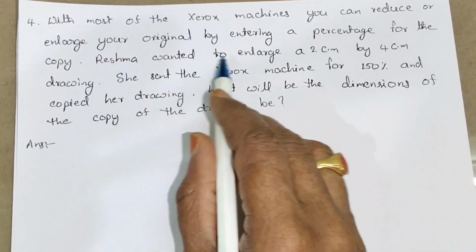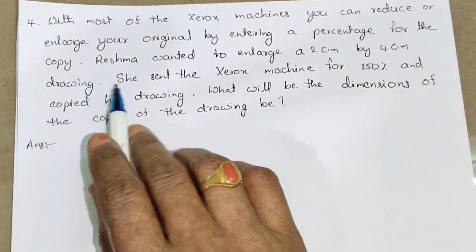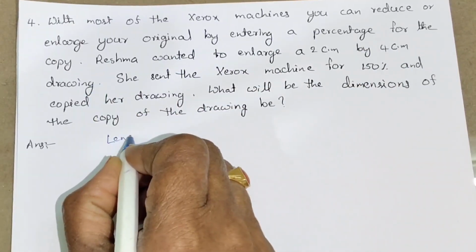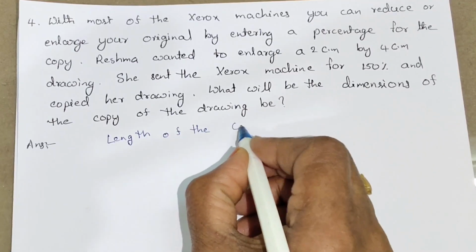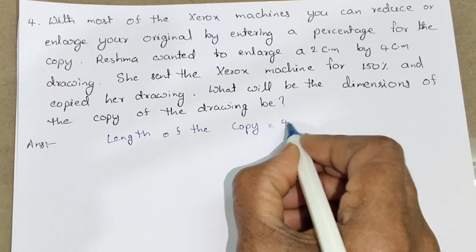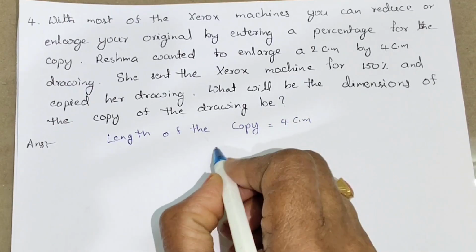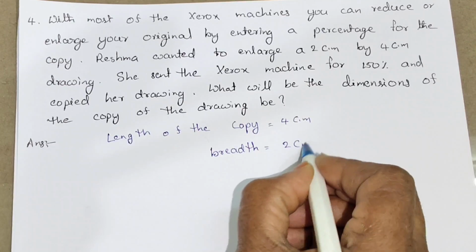Here Reshma wanted to enlarge a 2 centimeters by 4 centimeters drawing paper. So here length of the copy is 4 centimeters. Next breadth of the copy, here breadth equal to 2 centimeters.